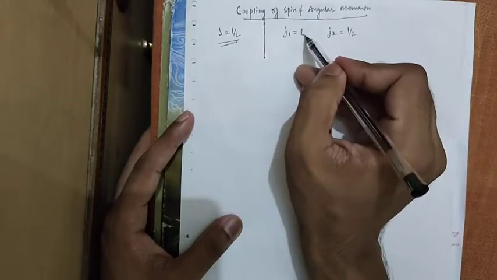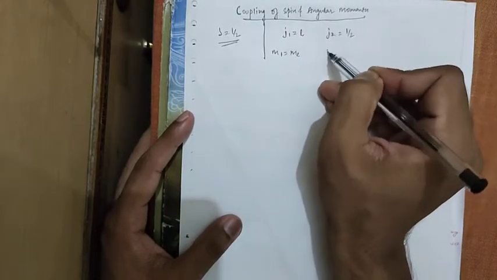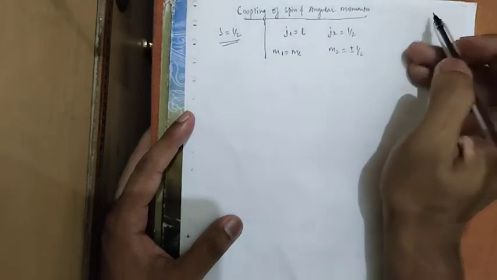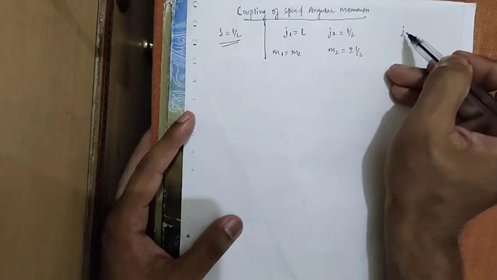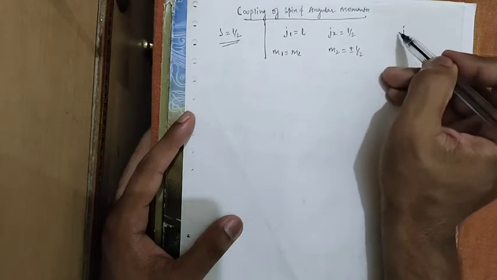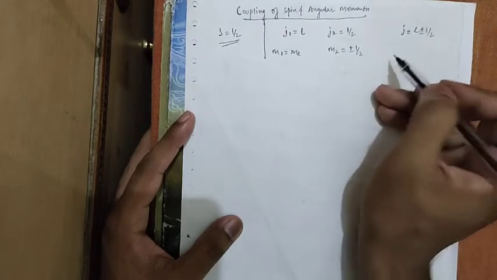The value for j1 is L, m1 is ml, and the value of m2 is obviously plus minus half. Now the value of j, by the selection rule, lies between j1 plus j2 and j1 minus j2, which is L plus half and L minus half.